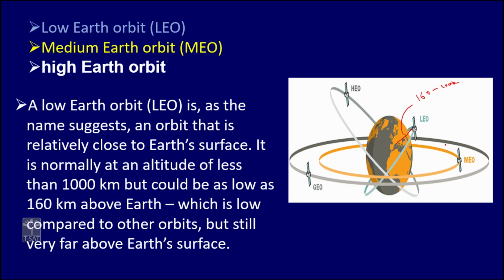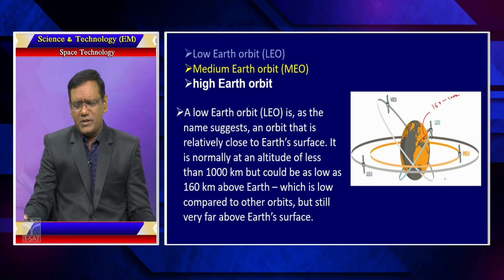It is very low compared to other orbits, but this 160 is not very low. It is actually very high. The planes would actually fly between 11 to 15 kilometers like that.